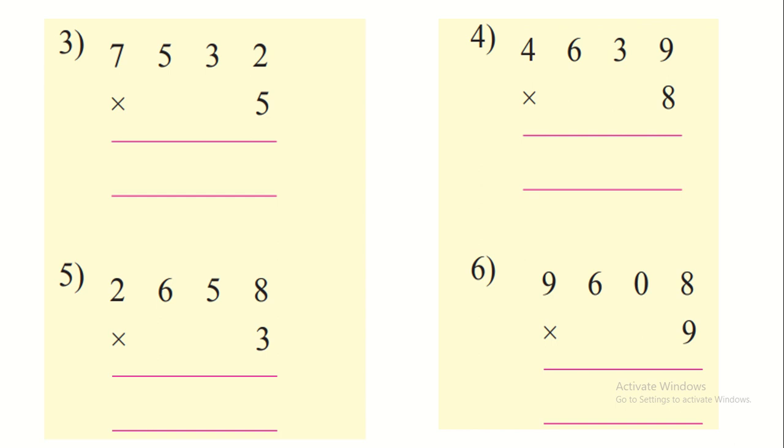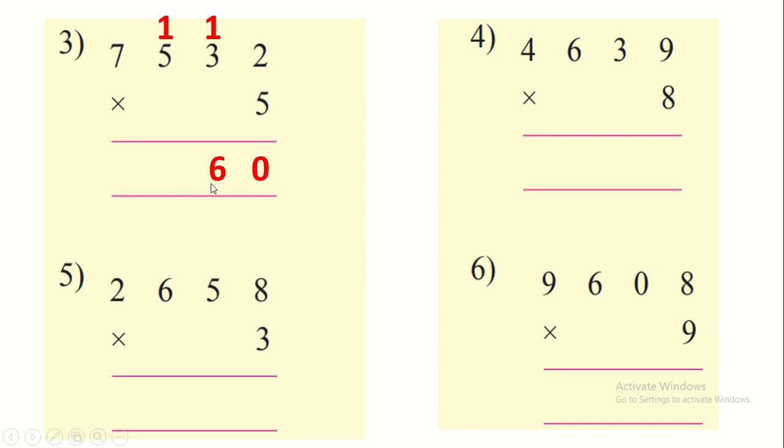Now let's move to number 3. Number 3 is 7,532 times 5. Okay, from the right going to the left. 5 times 2 is 10. Write 0, carry 1. Next is 5 times 3 is 15. 15 plus 1 is 16.